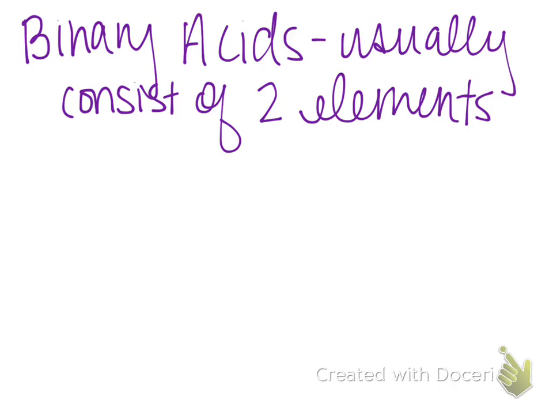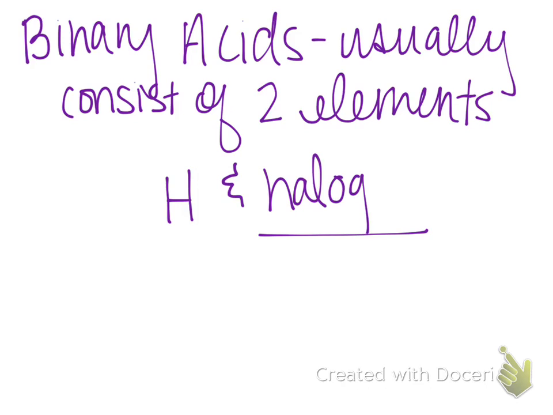If we know that acids are proton donors, and we know that hydrogen ions are our protons, that means binary acids need to have hydrogen and some other element. If it's got to consist of 2 elements, one of those elements has to be hydrogen. Usually the other element is a halogen, which is group 17. It's not always a halogen, but that makes the most common version.